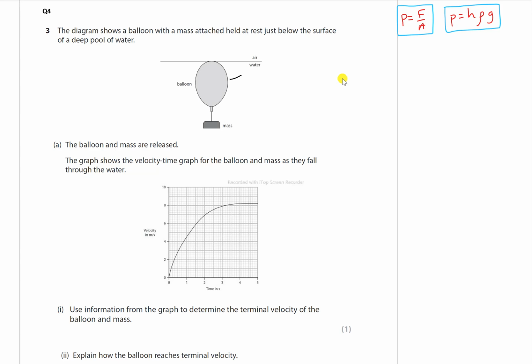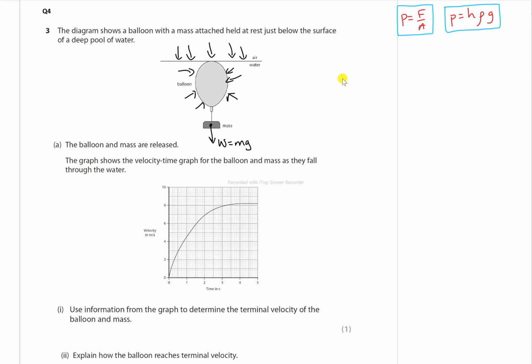So you've got pressure from the water on there, and you've got atmospheric pressure on the water. Right, the balloon and the mass are released. The graph shows the velocity time graph for the balloon and the mass as they fall through the water. So you've got a force here. Because it's falling through the water, that means that the weight, which is mass times gravity, is bigger than the buoyancy or the upthrust.